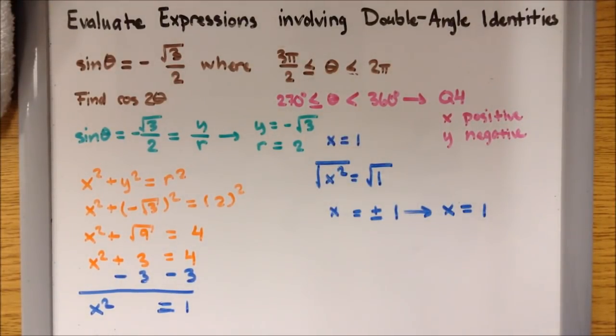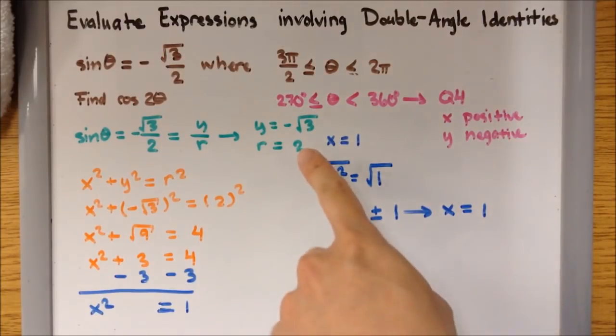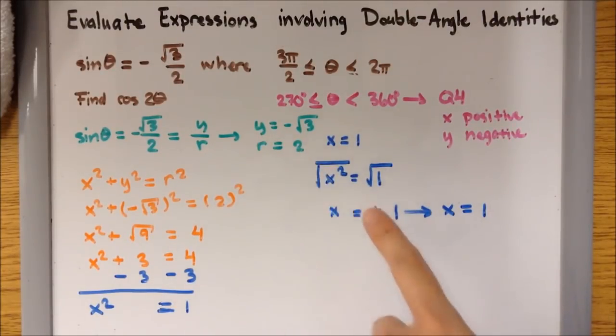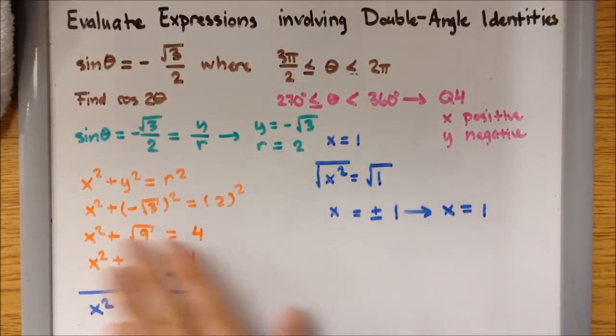Alright, so now we got all the necessary information. Y equals negative square root of 3, R is equal to 2, X equal to 1. Alright, so I'm going to erase all this to make more room.